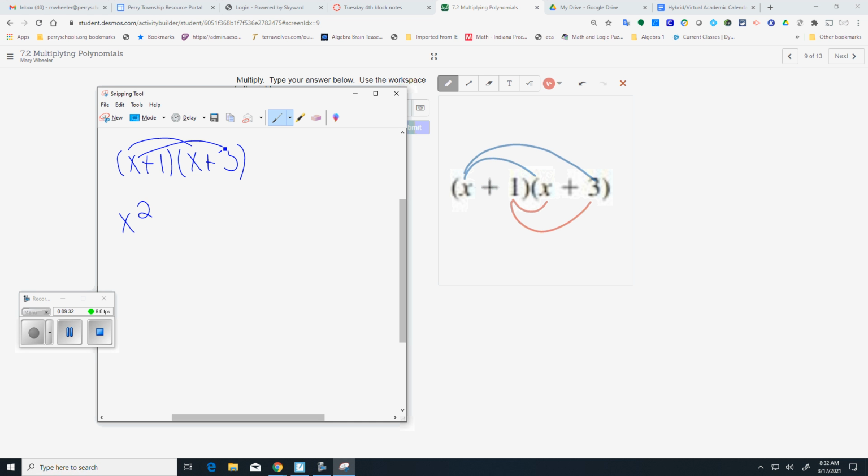Take our x times our 3, and get 3x. We take our two inner terms, 1 times x, and we get plus x. And we take our two last terms, and we get plus 3. And then we combine our like terms, and we get x squared plus 4x plus 3.